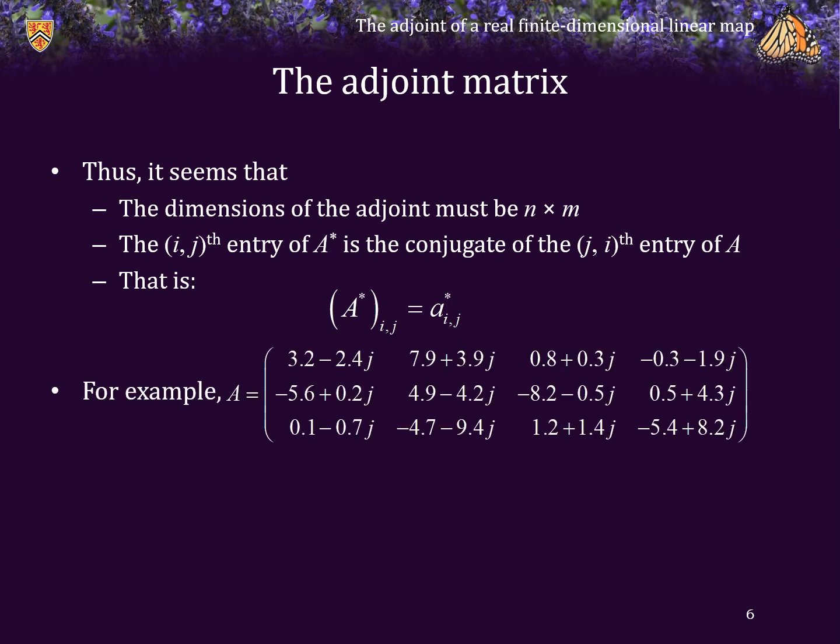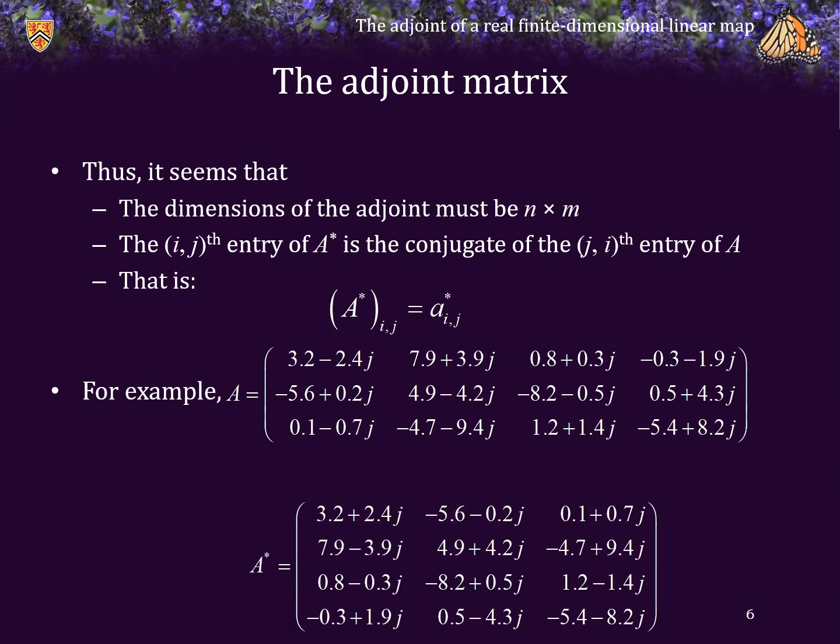So, for example, if this is the matrix A, then the adjoint is this matrix here. And as you can see, we do have a reflection through the diagonal, but at every single step we're taking the complex conjugate.